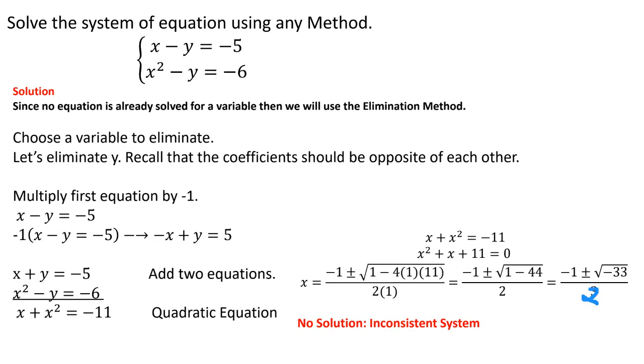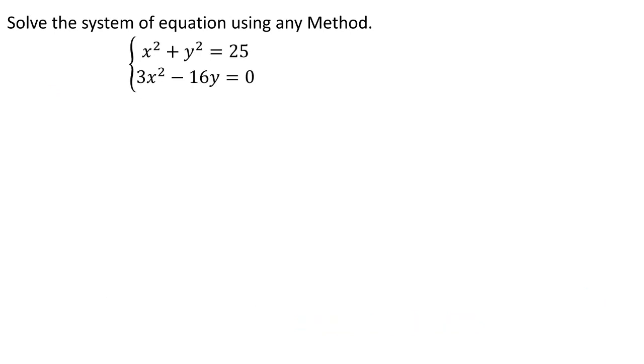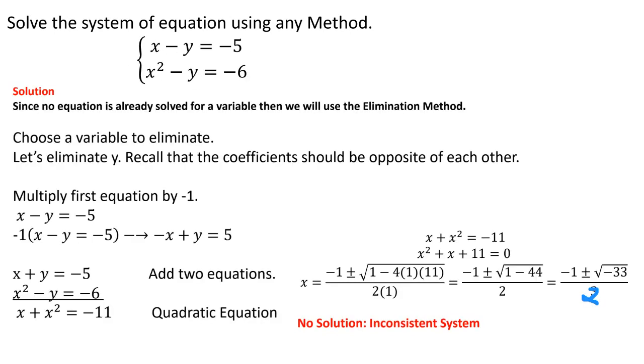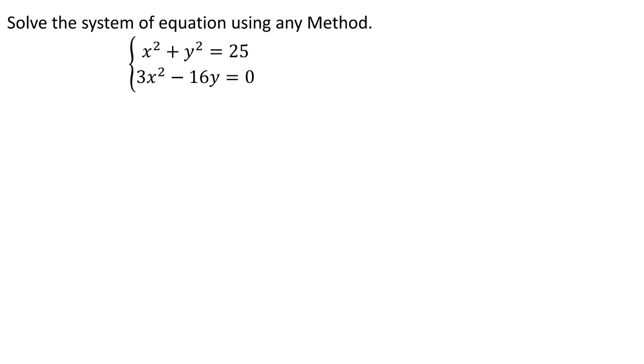And so what happens there is it's going to have an imaginary solution. So we say that there's no solution, so the system will be inconsistent. Okay, so there's no real solution. So we say inconsistent. Oh, I forgot to divide by 2 there, right? Thank you.